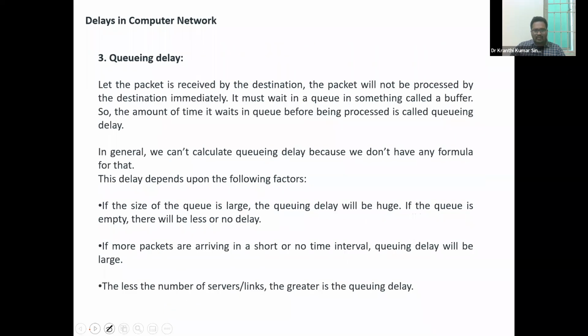Right. And what is queuing delay? Queuing delay means the time required. For example, here we take device A and device B. Device A has the capability to send packet 1, packet 2, packet 3, and packet 4.